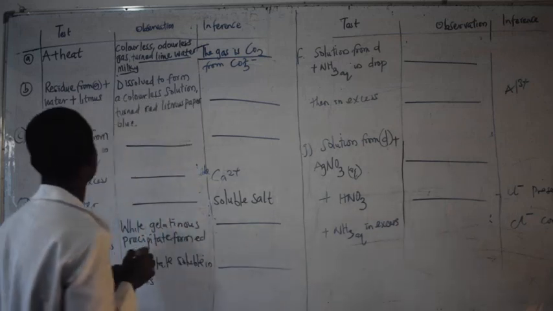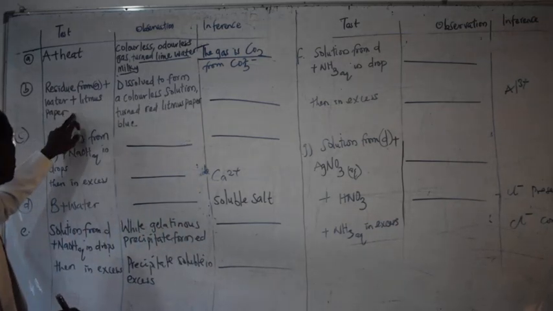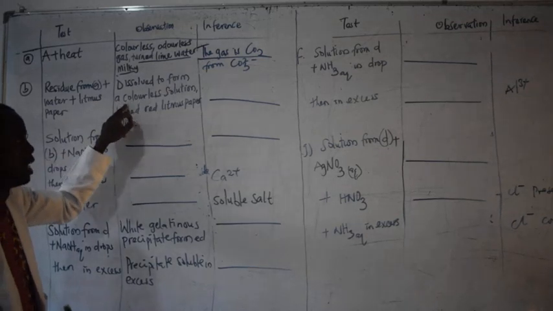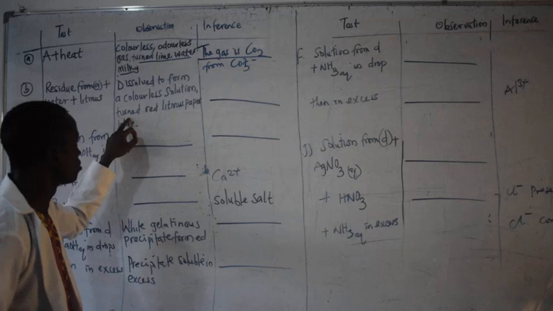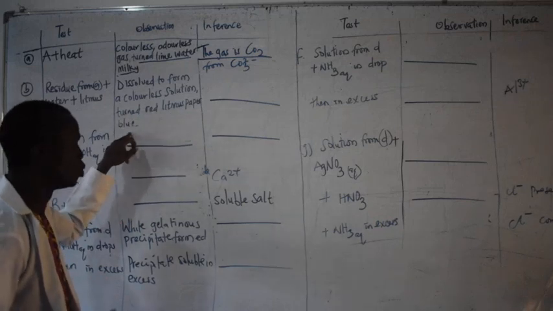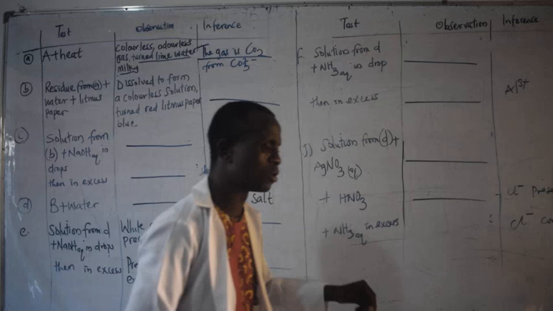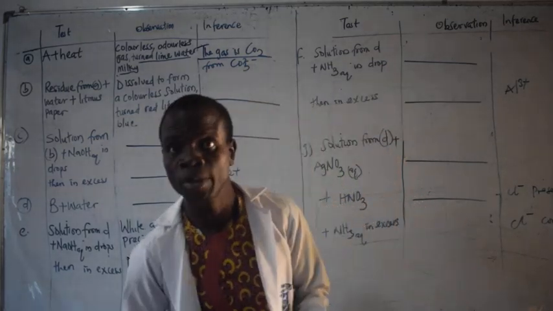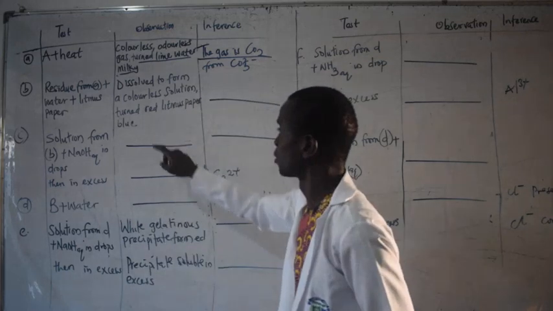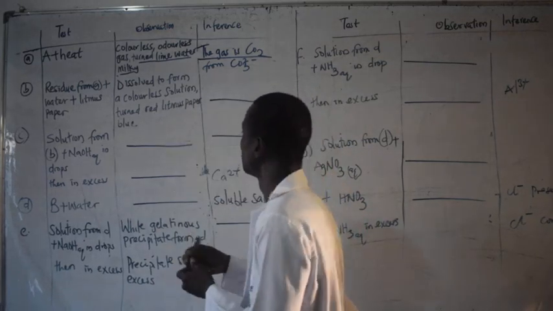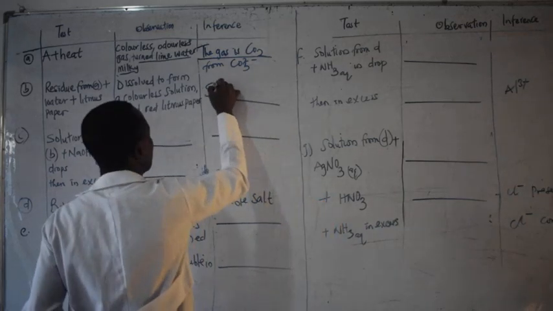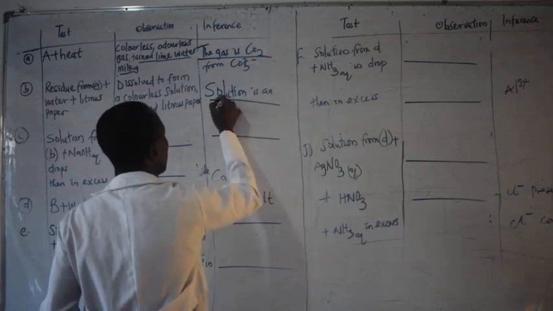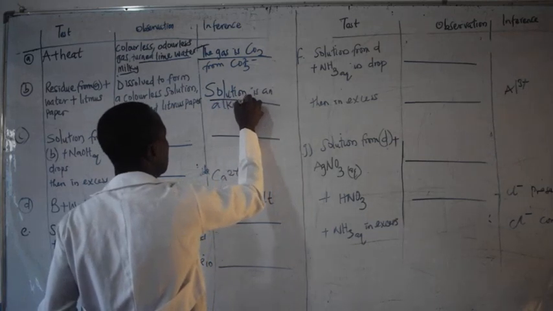Now, number 2 said the residue from A plus water plus bismuth paper dissolves to form a colorless solution that turns red litmus paper to blue. They are testing whether what you are working with is an acid or a base. If it turns red litmus paper to blue, the solution is an alkaline, that is a base.